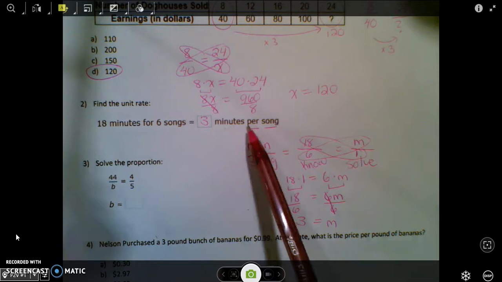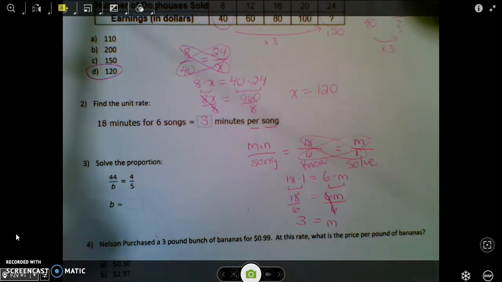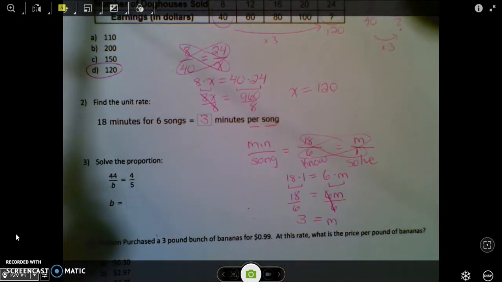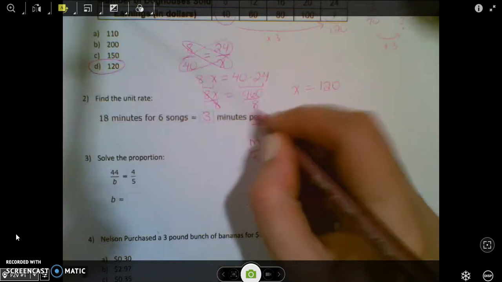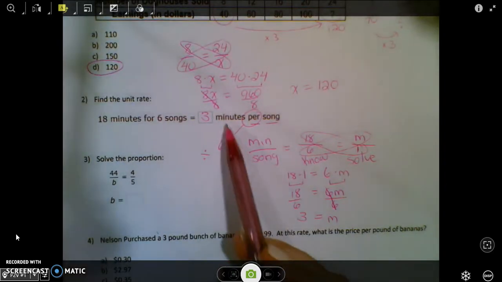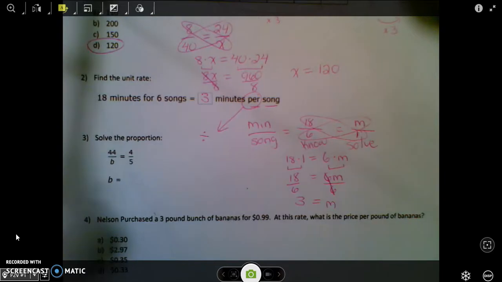Take the number of minutes and just divide it by the number of songs, and that will give you your unit rate per song. So per, and we will talk about this more when we get to word problems, per is basically a keyword for division. Okay, so you just take the number of minutes and divide it by the number of songs, and that will give you the unit rate for that second unit for songs.